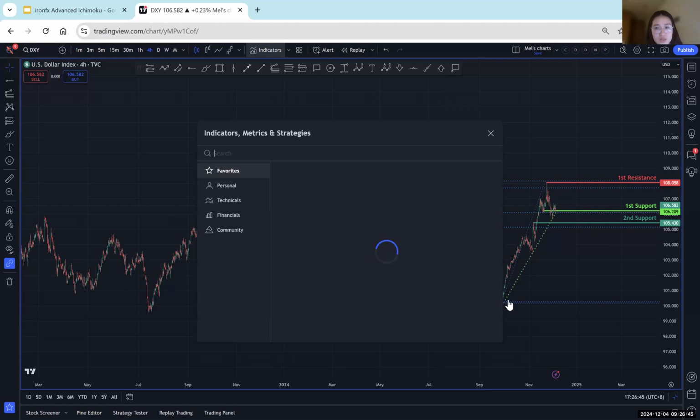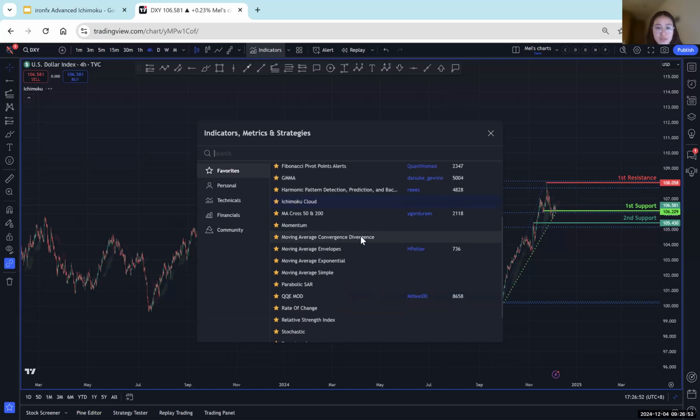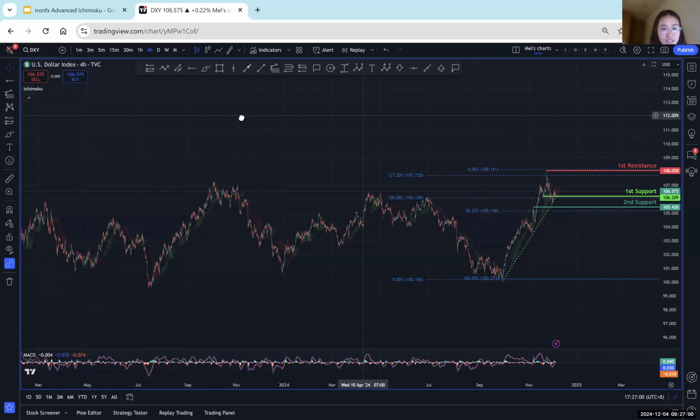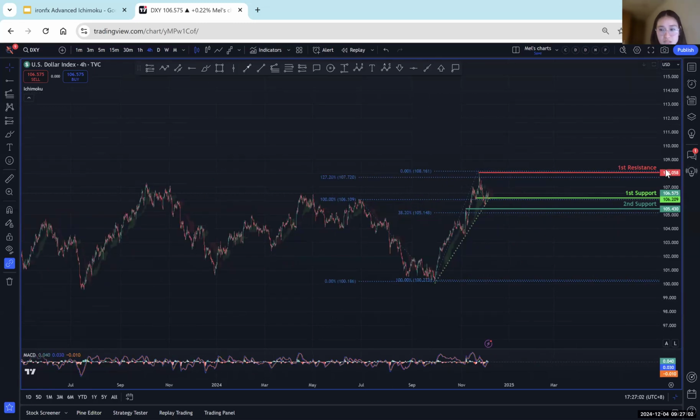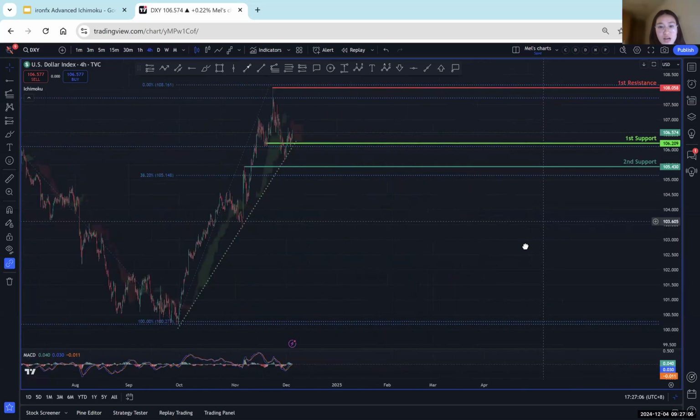So now let's take a look at some indicators. So like I mentioned earlier, I like to use Ichimoku and I use Ichimoku pretty regularly. So let's look at Ichimoku and MACD. So I like to use these two because at one glance you can see exactly what the signals are.